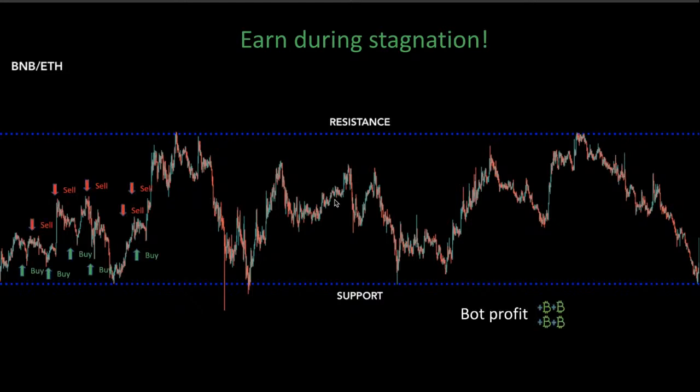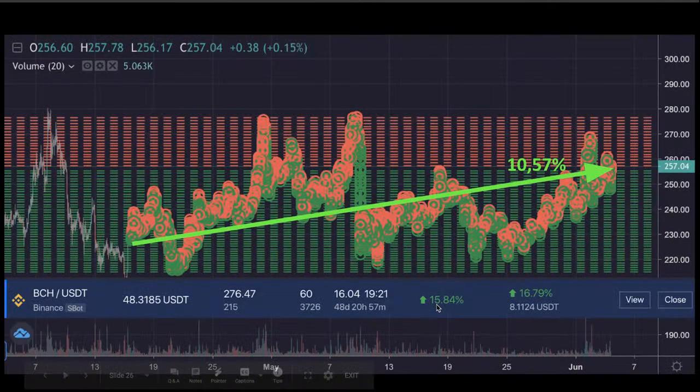And now I will show you another perfect example. It was my recent trade, Bitcoin Cash trading to USDT. Here is a perfect sideways market. All right. So it allowed me to make plus almost 16% of the investment change.